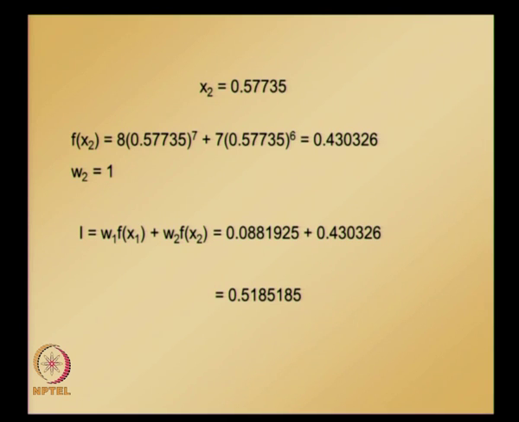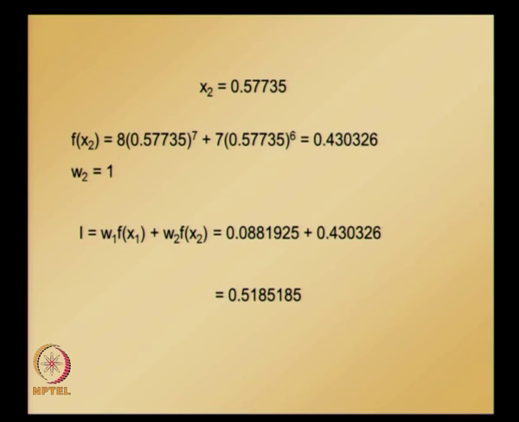The approximate value of the integral is 0.5185185 for the significant digits that are selected here. If you want a more accurate result or solution to more significant digits accuracy, then we need to select the integration points and weights to more significant digits.